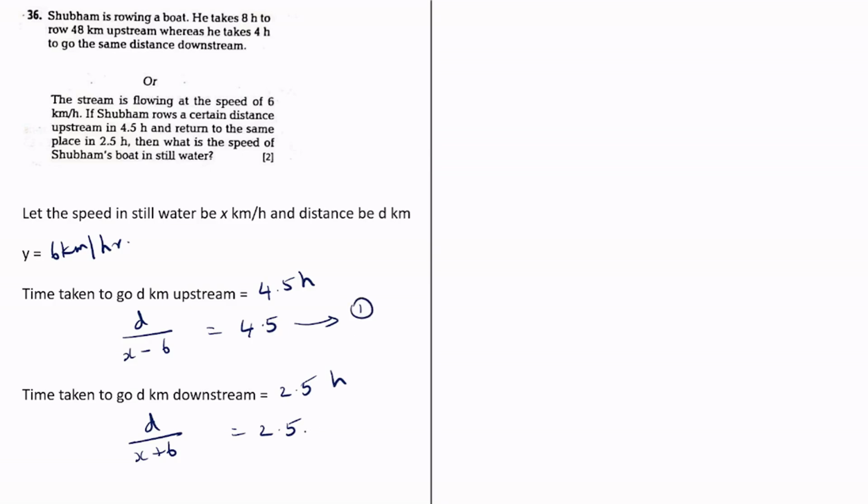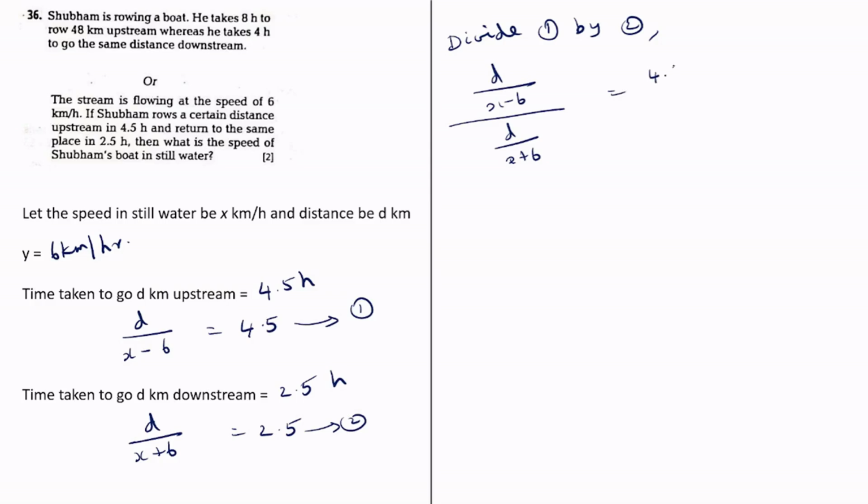So let us take this as 1 and 2. Let us divide 1 by 2. We will get d by x minus 6, the whole thing divided by d by x plus 6. This is equal to 4.5 by 2.5. Or we will get d by x minus 6 into x plus 6 by d equal to 45 by 25, or it is 9 by 5.